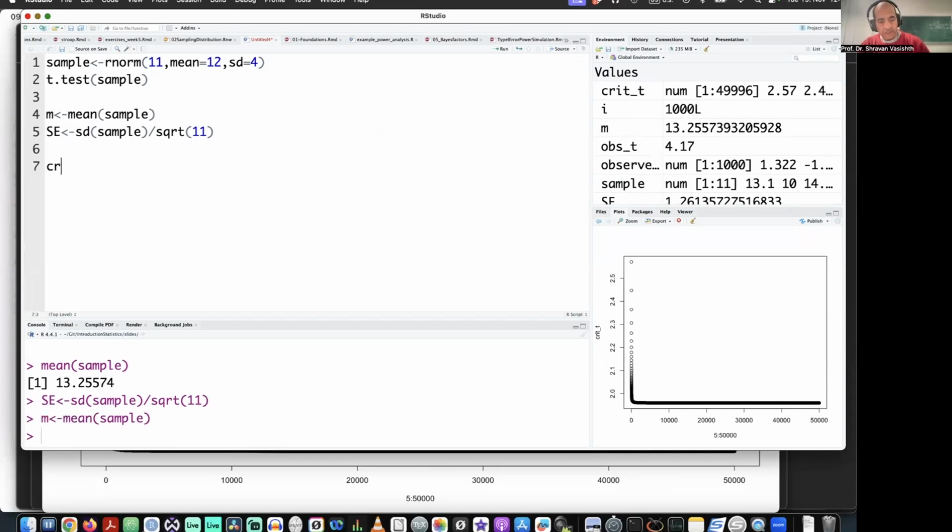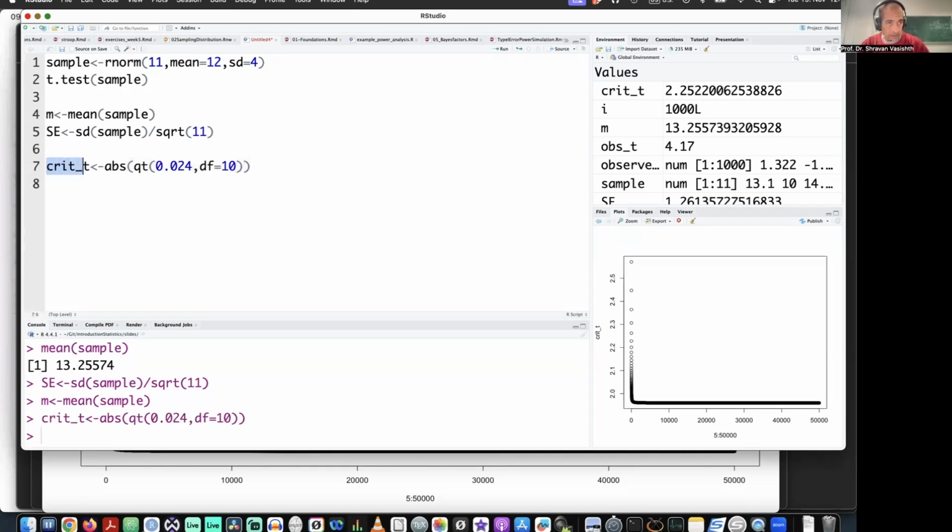And now I want to figure out my critical t-value. What's my critical t-value for sample size 11? It's going to have to be this absolute value, with degrees of freedom 10, because 11 is my sample size. So now I get the critical t-value, which is 2.25.